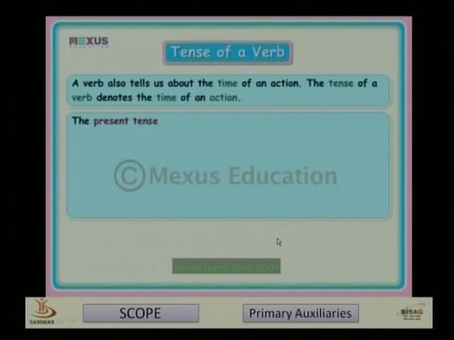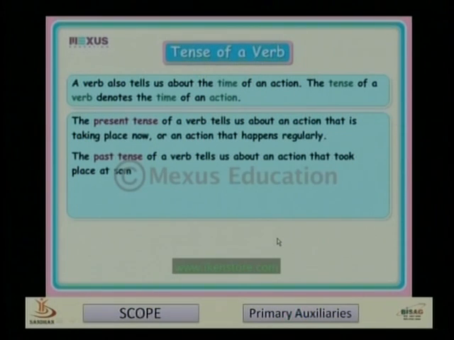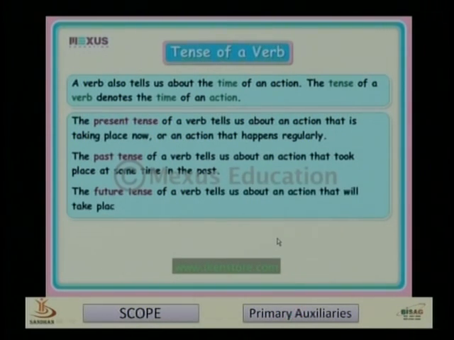The present tense of a verb tells us about an action that is taking place now or an action that happens regularly. The past tense of a verb tells us about an action that took place at some time in the past. The future tense of a verb tells us about an action that will take place at some time in the future.